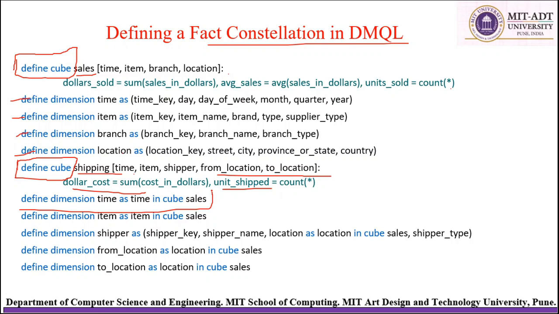So instead of defining them again, what we are doing here is: define dimension time as time in cube sales. So where are we fetching it from? From the sales fact table, the sales cube. Similarly, the item: define dimension item as item in cube sales.